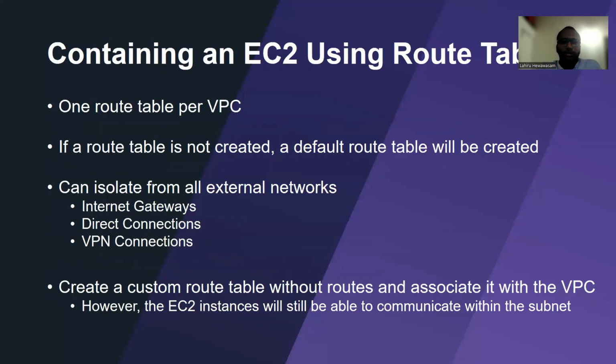Next, we can move on to the isolation of an EC2 instance using the route table. So it's important to remember that one VPC can have only one route table. Also, if you do not create a route table, a default route table will be created at the time of creating the VPC, right?